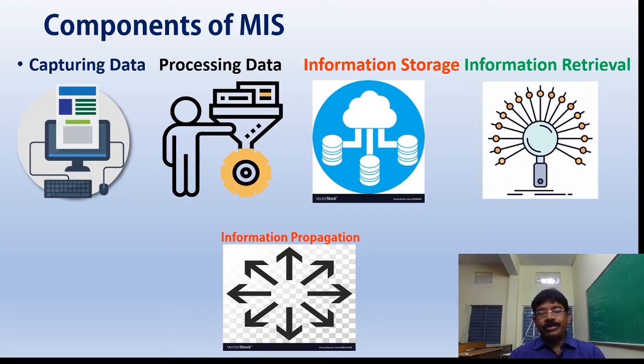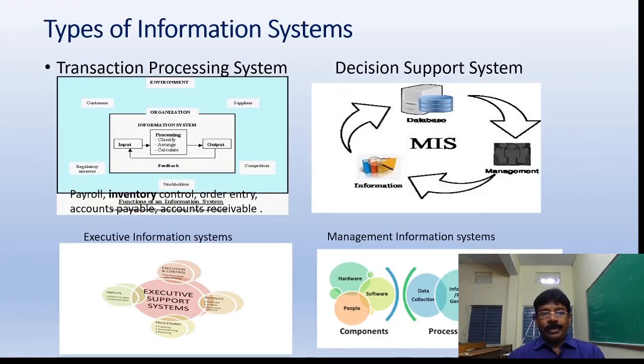That is information retrieval. And information propagation: once the information is available, it can be published in different modes to make it available to the people who are concerned, either public or government or shareholders, whoever it may be. These are the components of MIS.